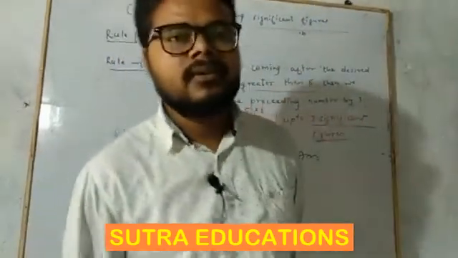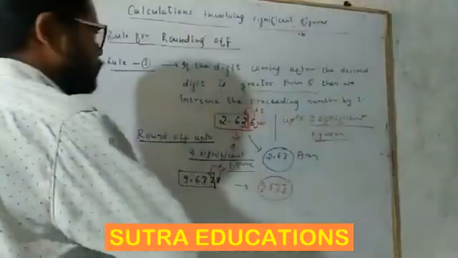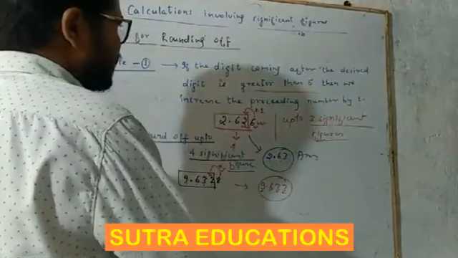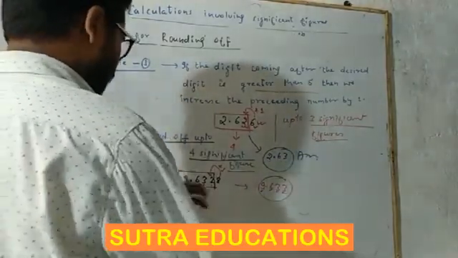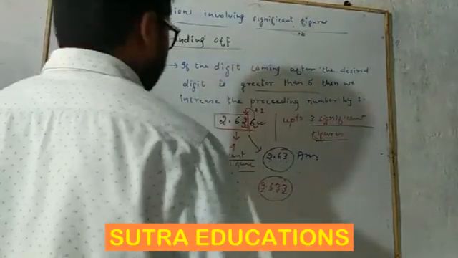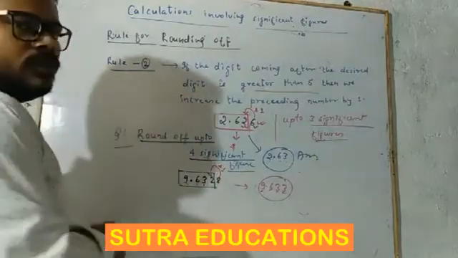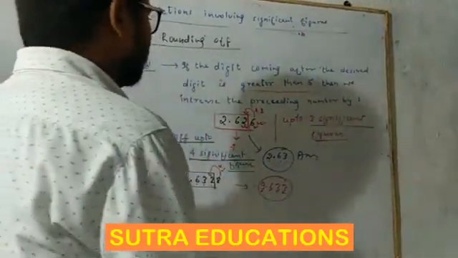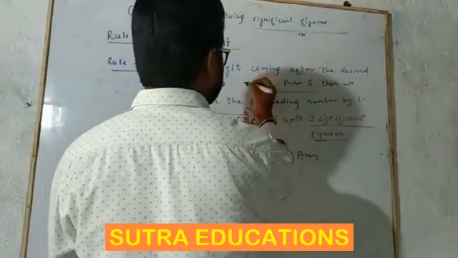Come to the next rule. It is rule number 2. Rule number 2 is: if the digit coming after the desired digit is lesser, instead of greater.